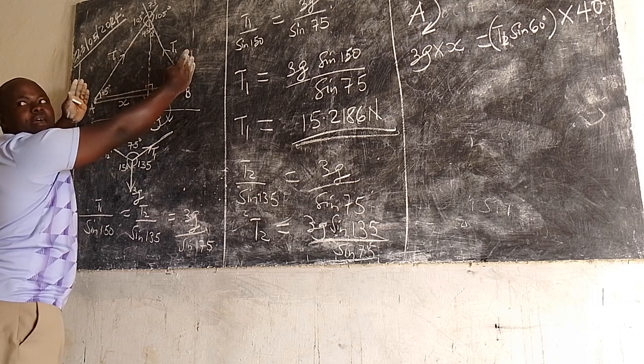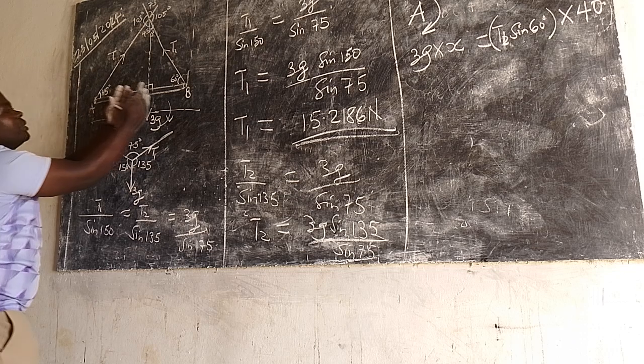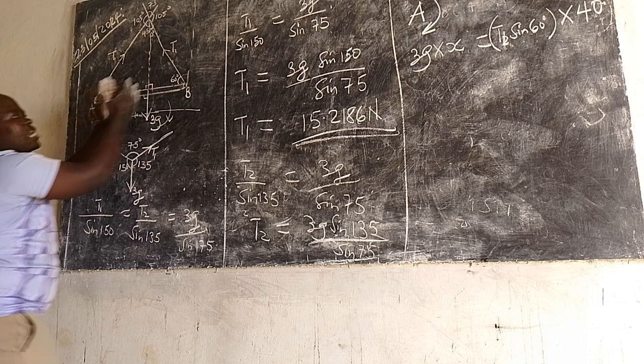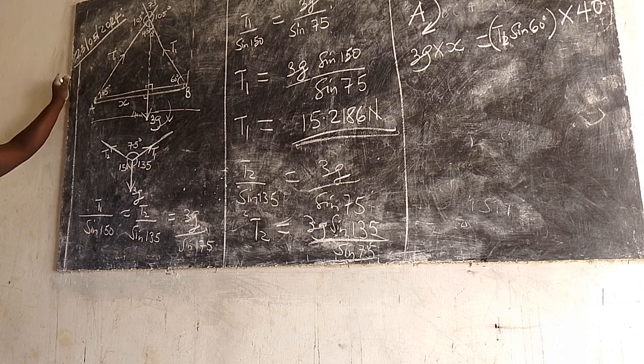I am bringing all of them to point A, taking moments at A, because it's in equilibrium. And when it is in equilibrium, the sum of the clockwise moments must be equal to the sum of the anti-clockwise moments. Are we together? What is important is understanding that the force must be perpendicular to the distance. Then you just multiply.